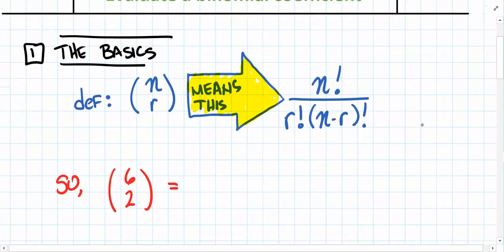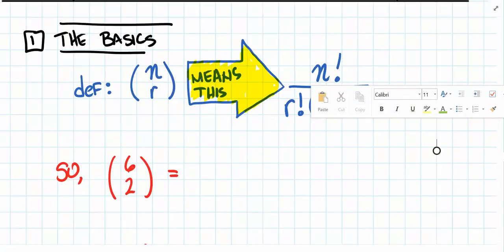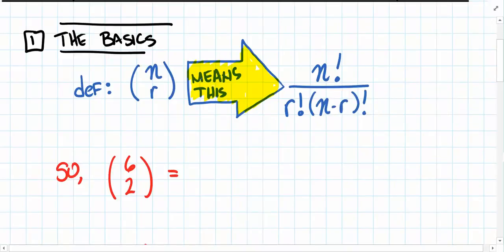Box number 1, the basics. The definition for us is that when we see this parentheses n over r, it means n factorial divided by r factorial times n minus r factorial. Very, very strange definition, I know.